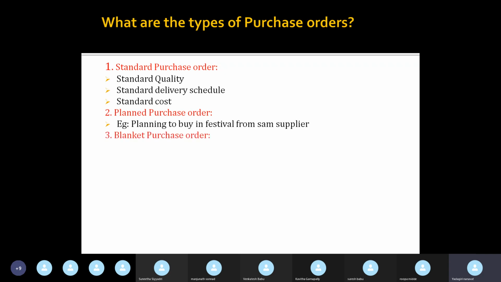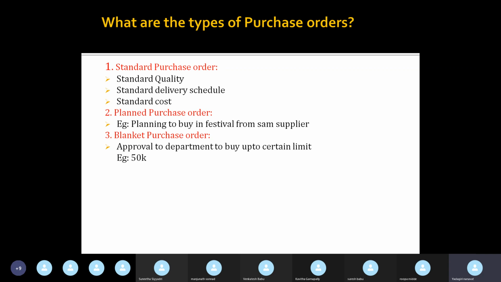a blanket purchase order. Approval to a department to buy up to a certain limit. There will be a limit for the organization to buy a particular product. That is called a blanket purchase order. For example, 50,000. There is a limit to purchase the product, 50,000.